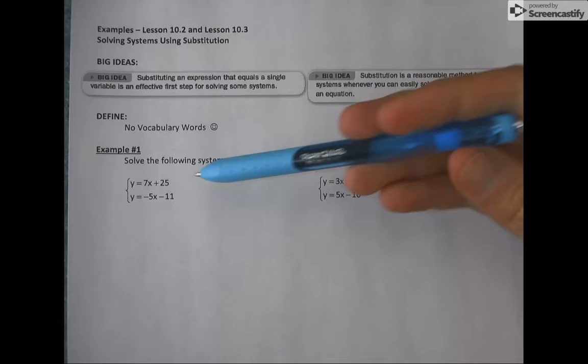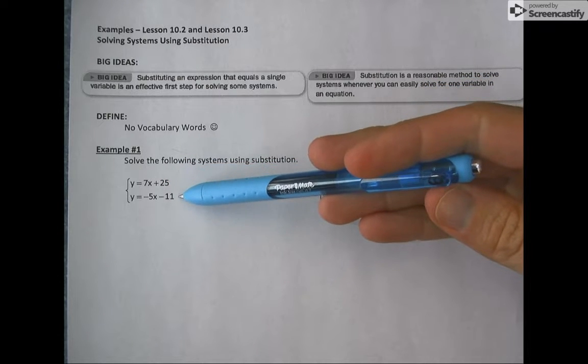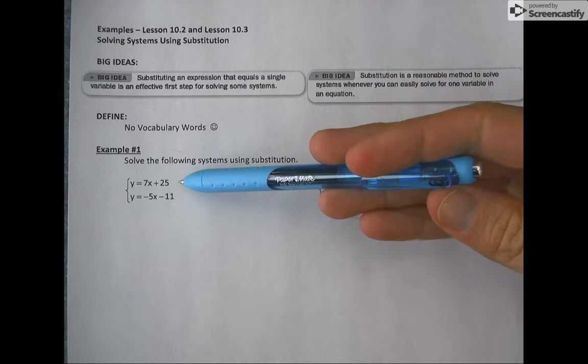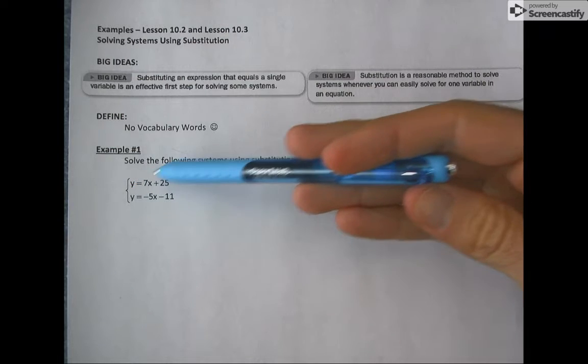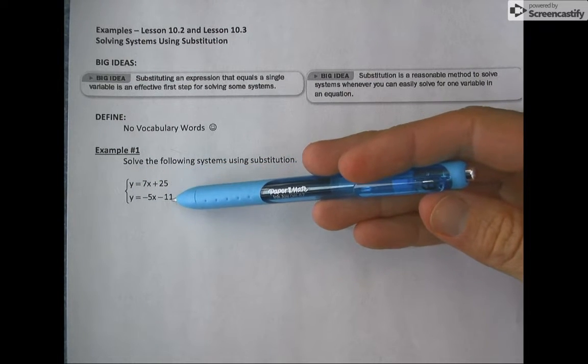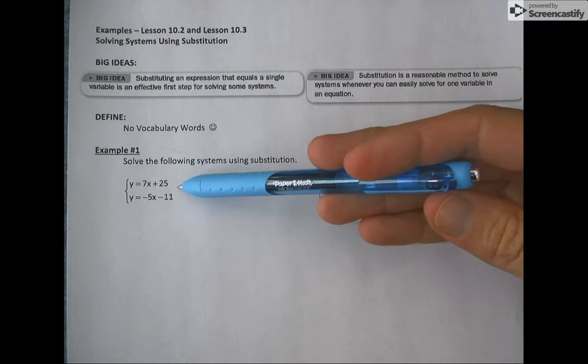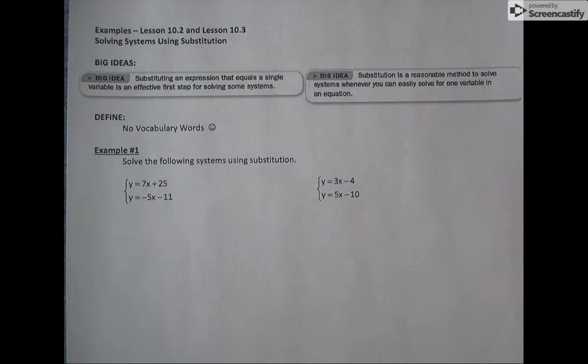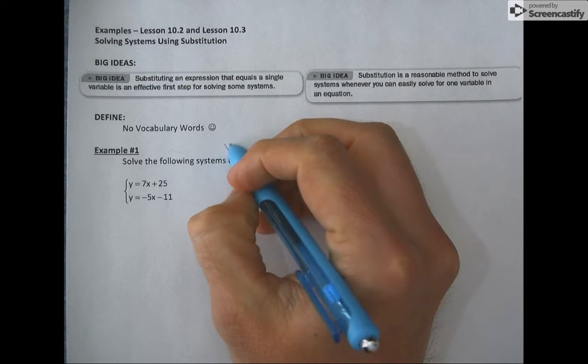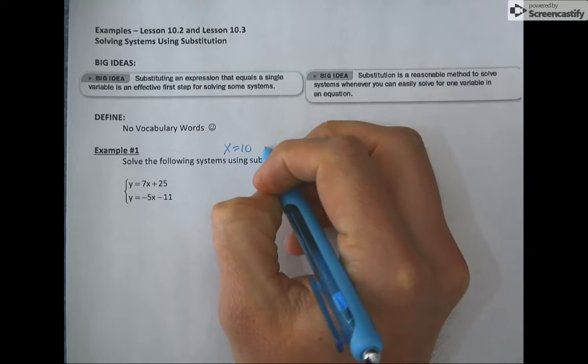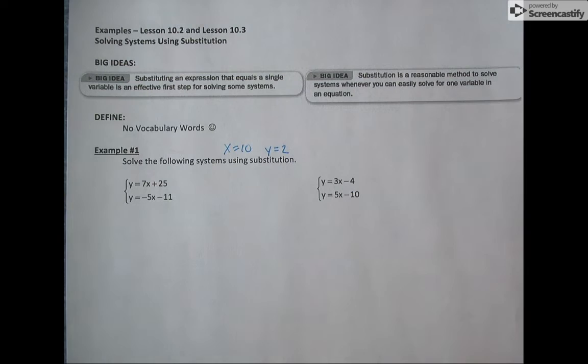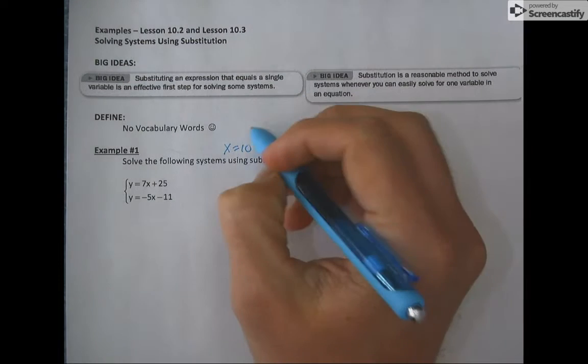Okay, so what we're going to look at here is how do we solve these without putting them on a graph, although you could. How do we find the x and y value that not only works for the first equation, but works for the entire system? If you plugged it into both equations, they're both going to come out true. Just imagine for a second, I told you that x equals 10 and y equals 2, and I said substitute them.